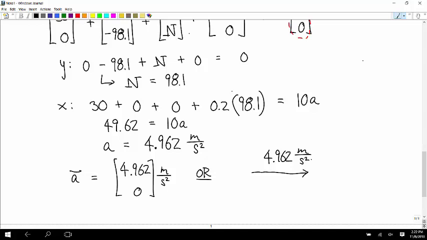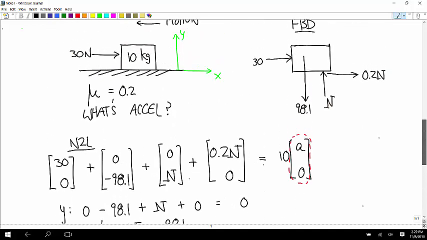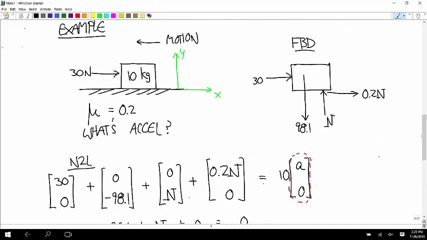So is this object speeding up or slowing down? Slowing down because the velocity is to the right. We calculated that the acceleration was, the velocity is to the left. Sorry, I was turned around. Velocity is to the left. We got the acceleration is to the right. And so they're in opposite directions, so it's slowing down.